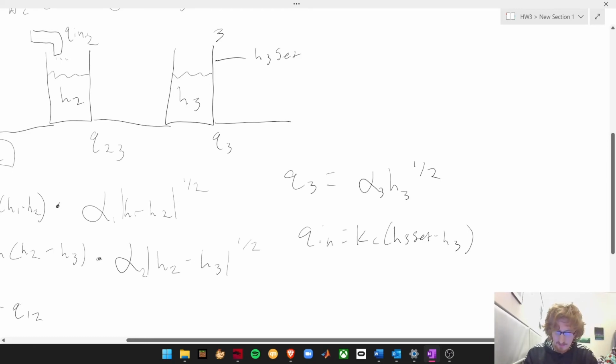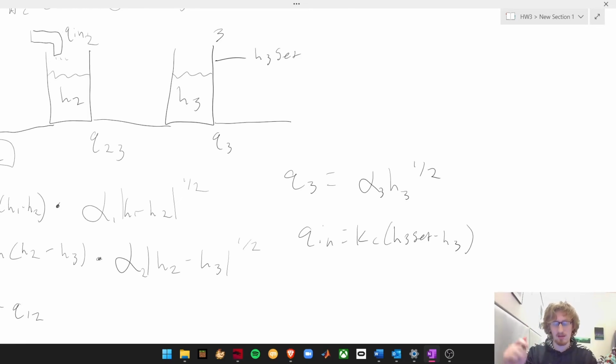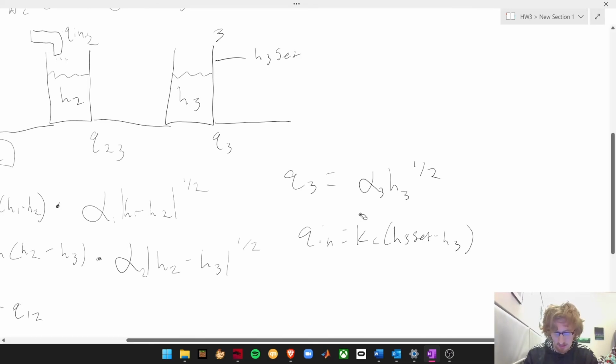So when you look at that, as we approach our set point, the difference between our set point and our actual height of the tank is going to get smaller and smaller. So the amount that we're going to be putting in is going to be getting smaller and smaller as well. So we might also write this in terms of maybe there's a constant flow that we need to have in. Maybe we want a certain amount flowing in no matter what, and then we're going to add or subtract from it. Actually, that is how we're going to write it.